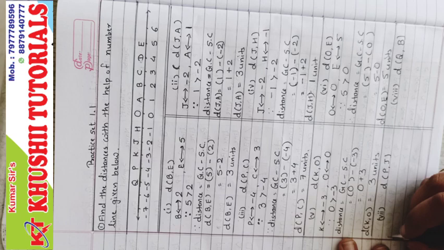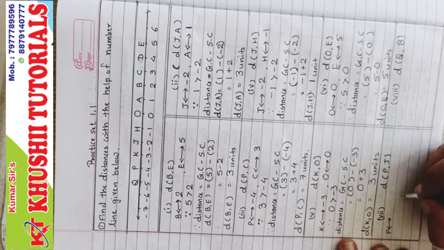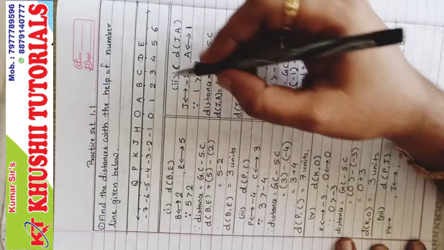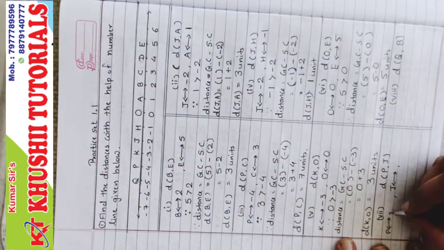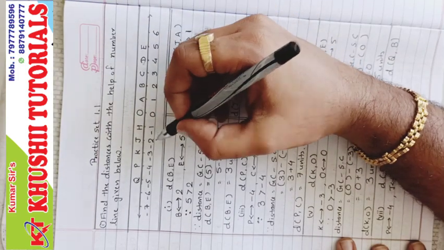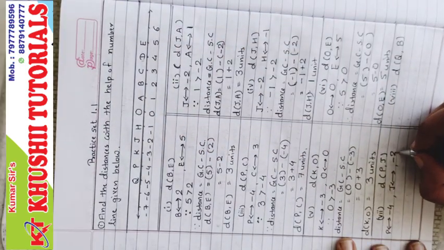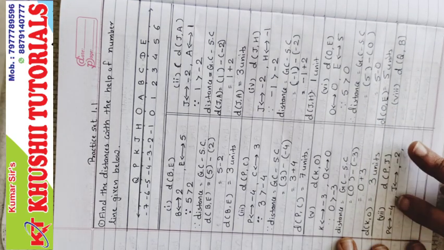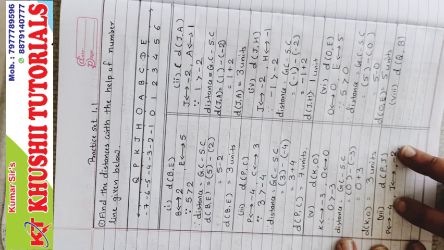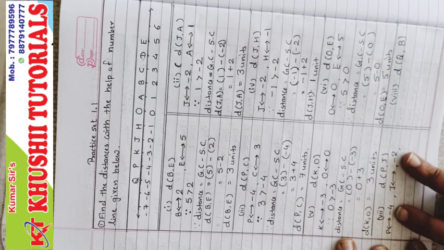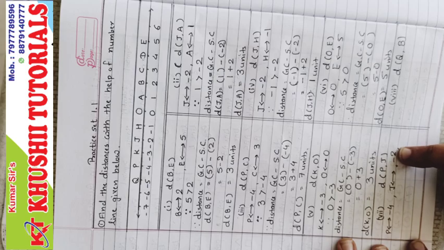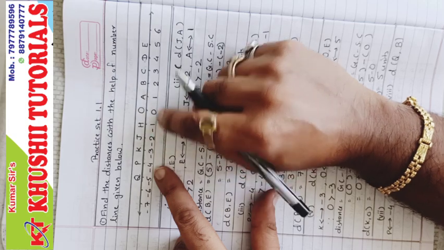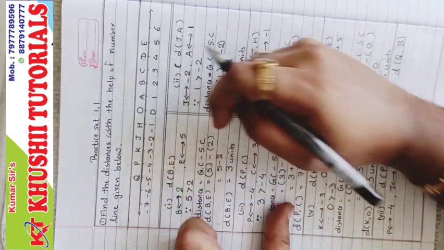Okay, P and J. So the P coordinate and the J coordinate. P is minus 4 and J is minus 2. Right, now the next thing is comparison, which number is greater and which is smaller. If you are confused, I know that when both numbers are negative, the smaller-looking one is greater, so minus 2 is greater. But if you are confused, see on the number line: the number on the right side is minus 2, so minus 2 is greater than minus 4.